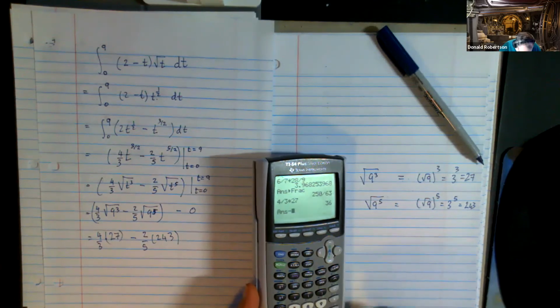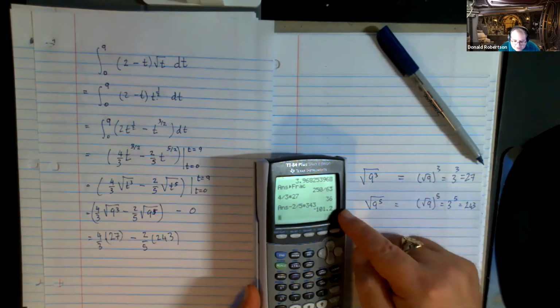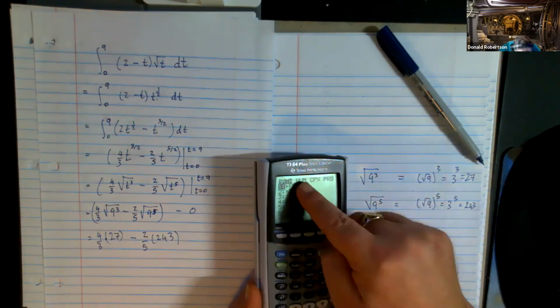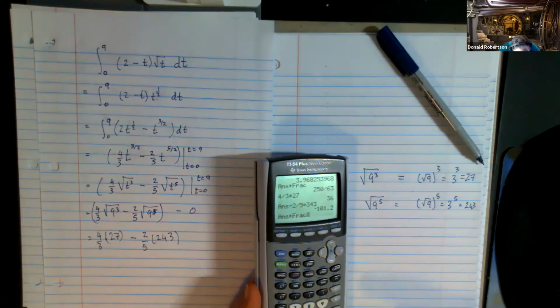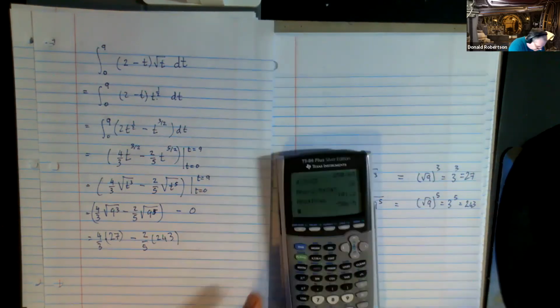Take away 2/5 times 243, which is that guy. There's an ugly looking answer, but you hit math button, choice 1, and with a bit of luck, there you go. Negative 506/5.